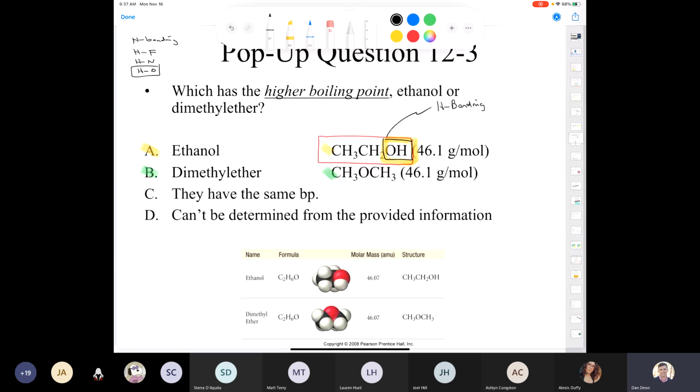Okay, is ethanol a polar molecule? The answer is yes, ethanol is a polar molecule. If we draw the Lewis structure of ethanol out, and we look at the molecular geometry around the oxygen, it's got 2 bonds and 2 lone pairs. Therefore, I've got a dipole going this way and I've got a dipole going that way.